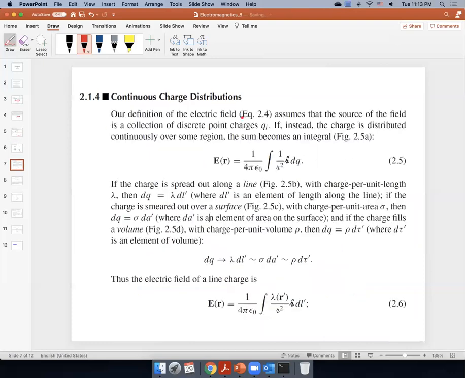So in this case, if the charge is not discrete point charges, instead the charge is in a distribution which is continuously over some region, then the sum of the electric field becomes integral.